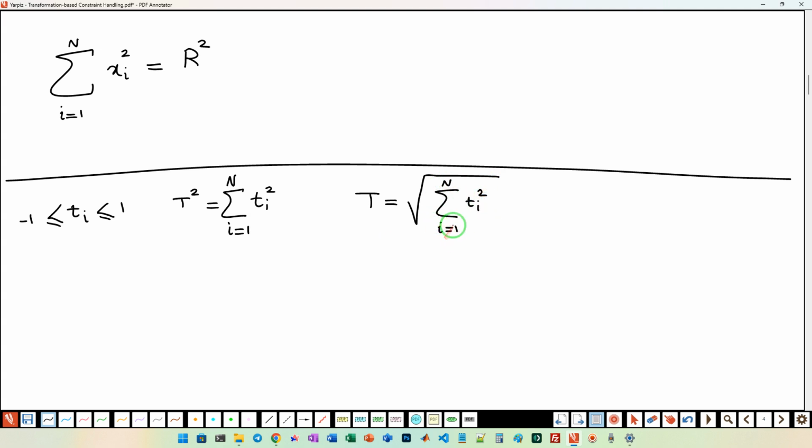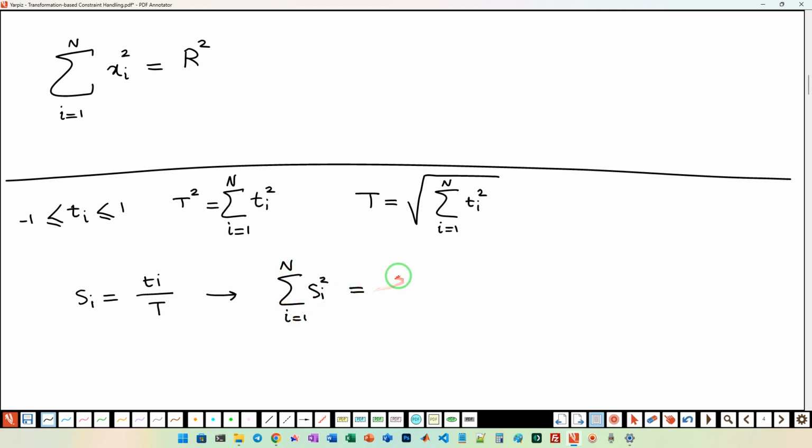Okay, now we define this in this way, and now let's define Si equal to Ti divided by T. And what we can say about the summation of Si squared?